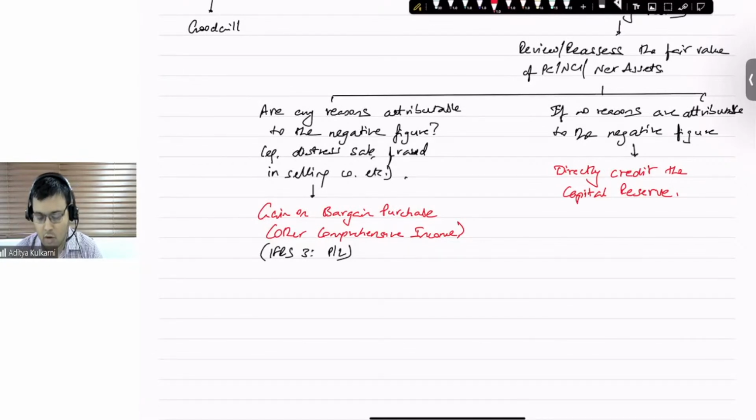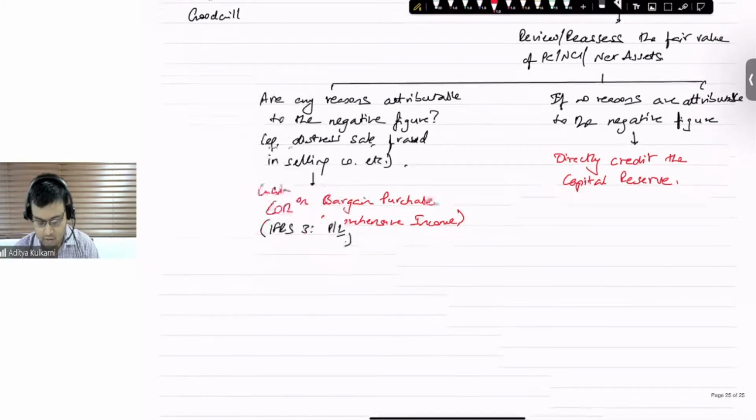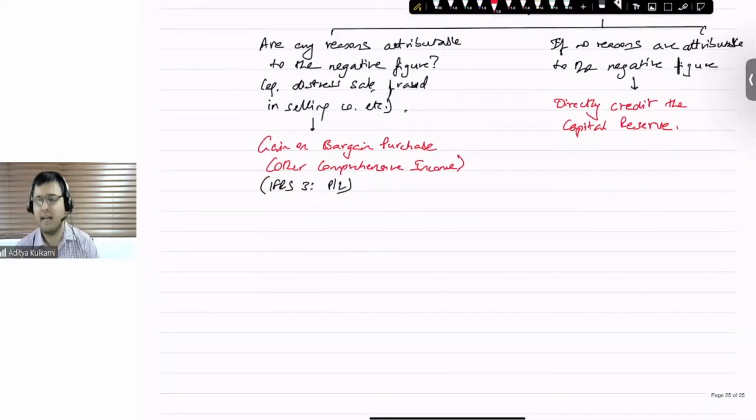Whatever is there now will be fairly simple as compared to what we have already discussed. I'll be covering some portion of this later on in the consolidation portion also.